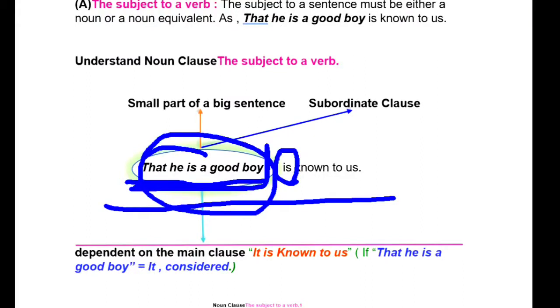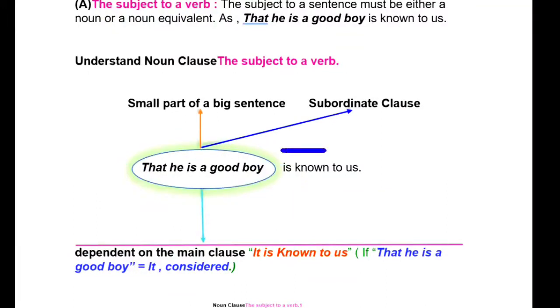So we have already known that the subject of a sentence must be either a noun or noun equivalent. So this is the noun equivalent. As this clause has the quality of a noun, we can say this is a noun clause subject to the verb "is."